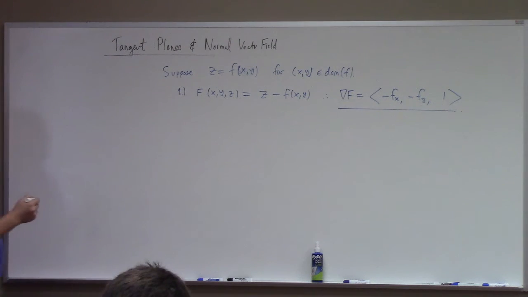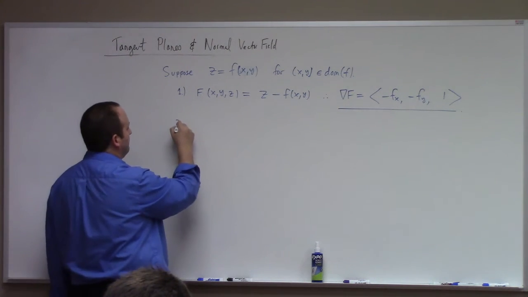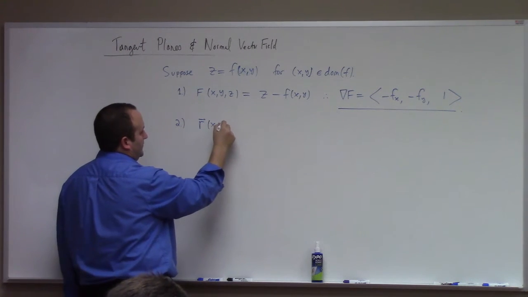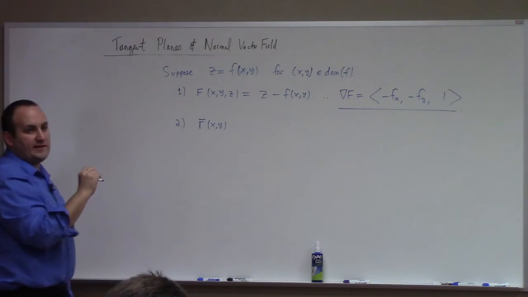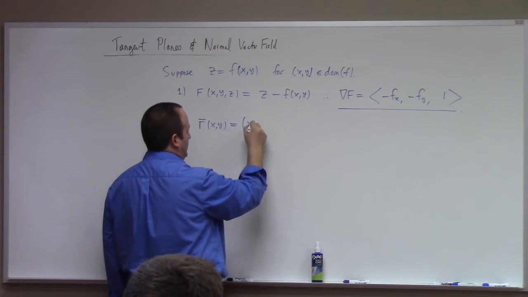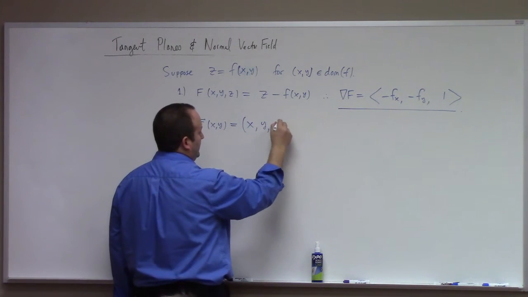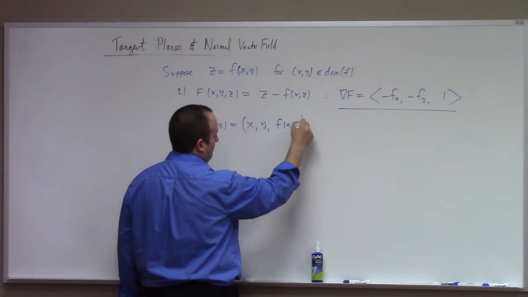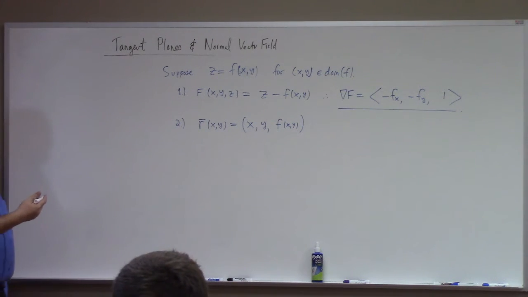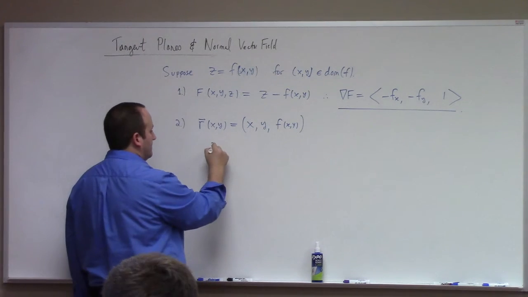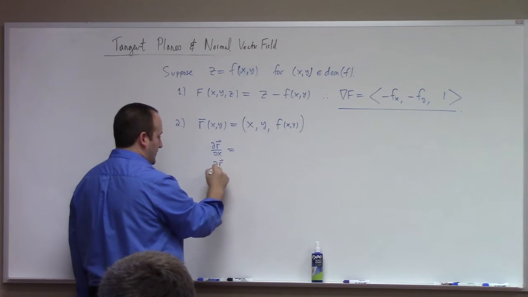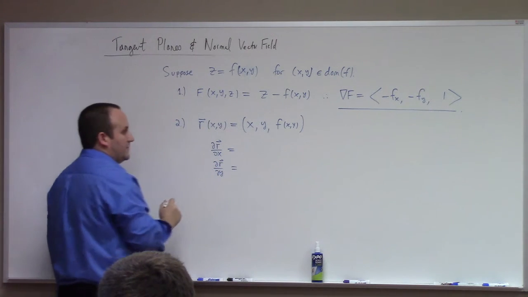How would we derive the same thing from the parametric viewpoint? The parametric viewpoint says the graph is really the parameterization, where you're using x and y as the parameters. Then the parameterization is just x, y, and for z, you've got f of x, y. So I can calculate partial r partial x and partial r partial y. What will I get?